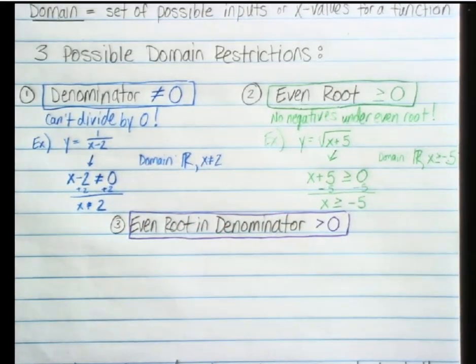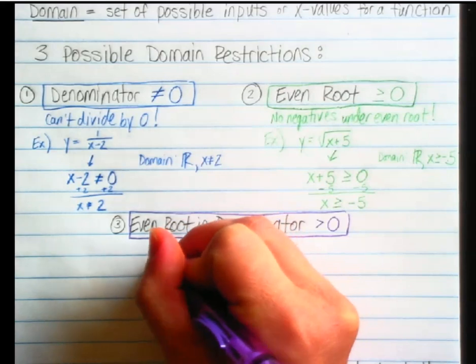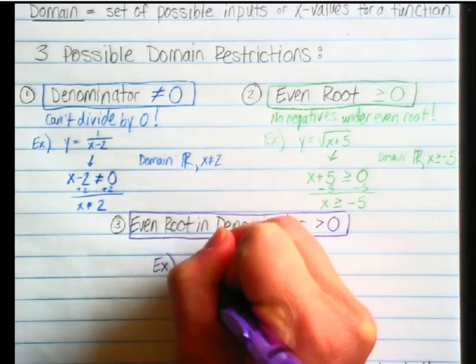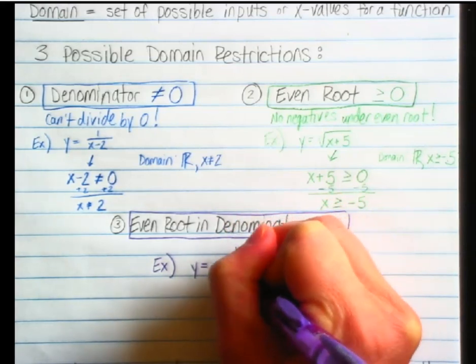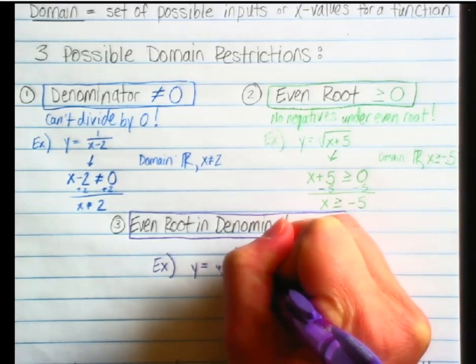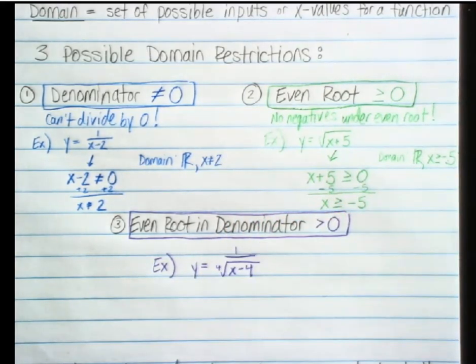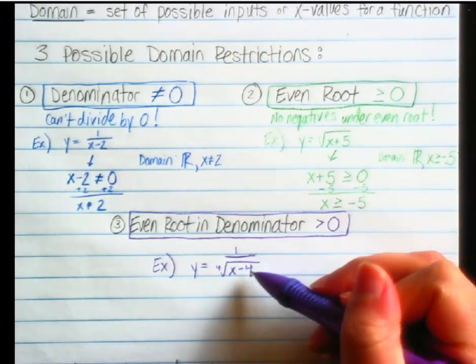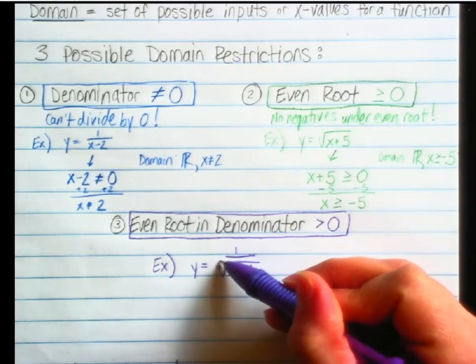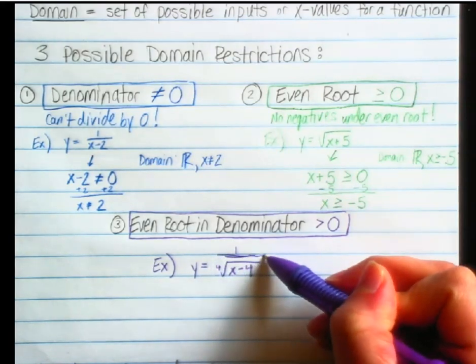So if you were to have an even root in the denominator, to give you an example, let's say something like that. I have 1 divided by the 4th root of x minus 4. This is an even root, and it's in the denominator.